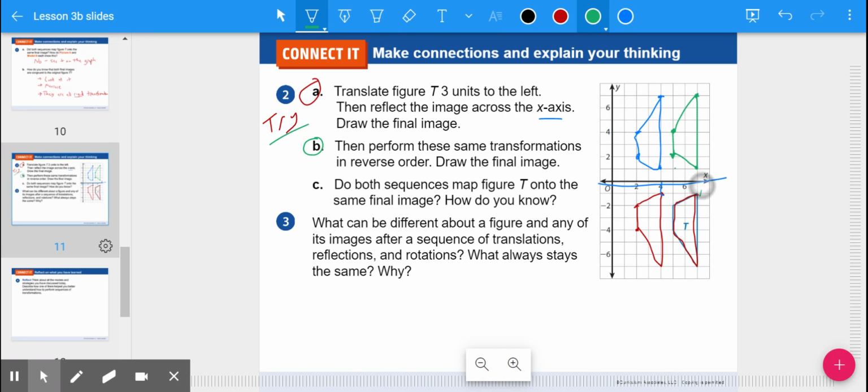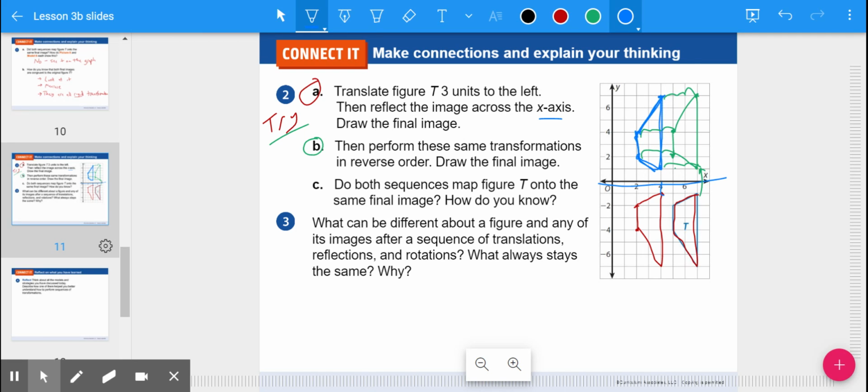And then we want to move it 3 to the left. 1, 2, 3, 1, 2, 3, 1, 2, 3. And what do you notice about our shape? It ends up in the same place.